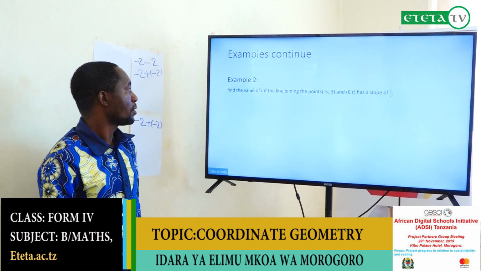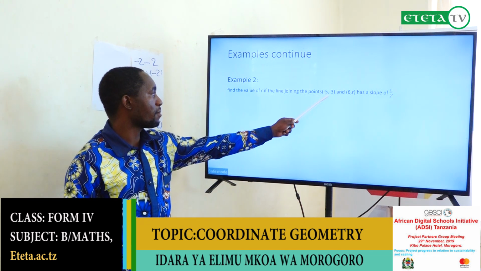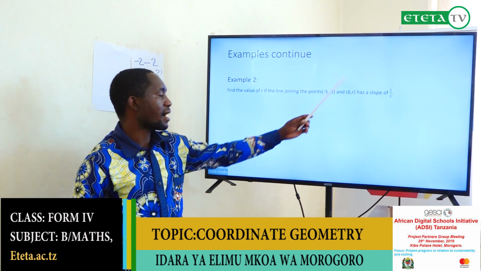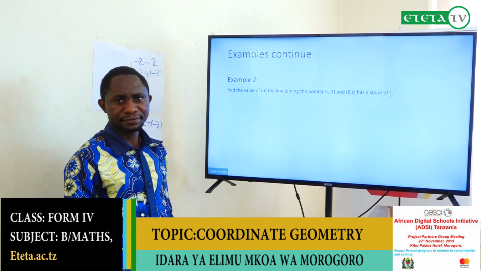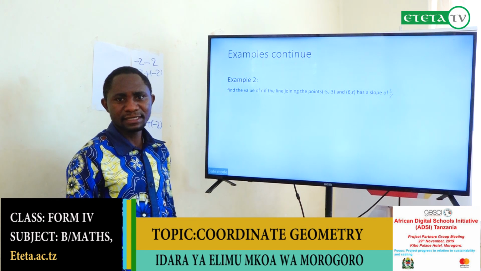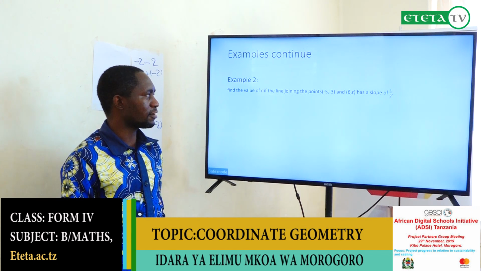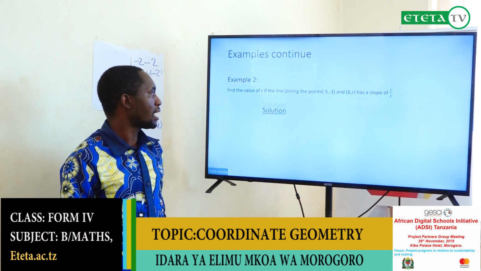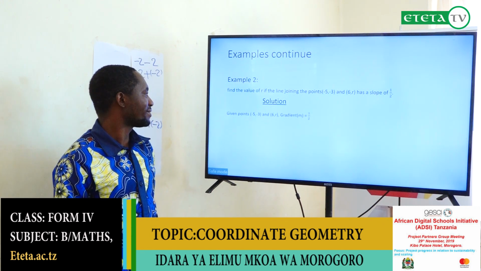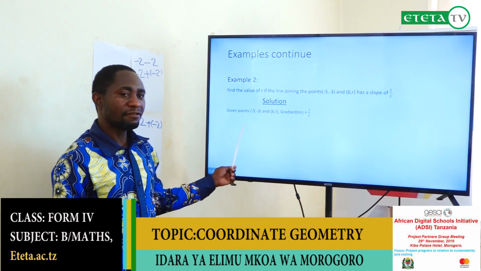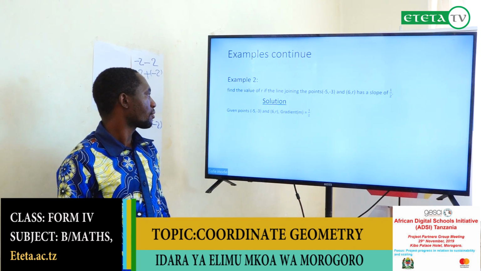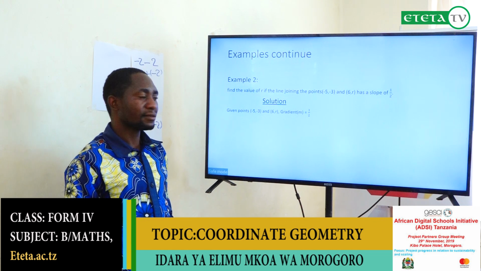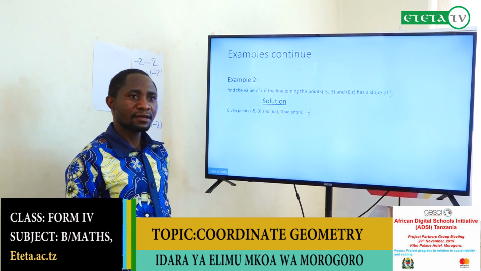Now look, we have our points -5, -3 and 6, R. These are the 2 points on the straight line. And then we have gradient, which is a half, 1/2. Now, you can see the 2 points given, -5, -3 and 6, R, and the gradient we are given is a half.